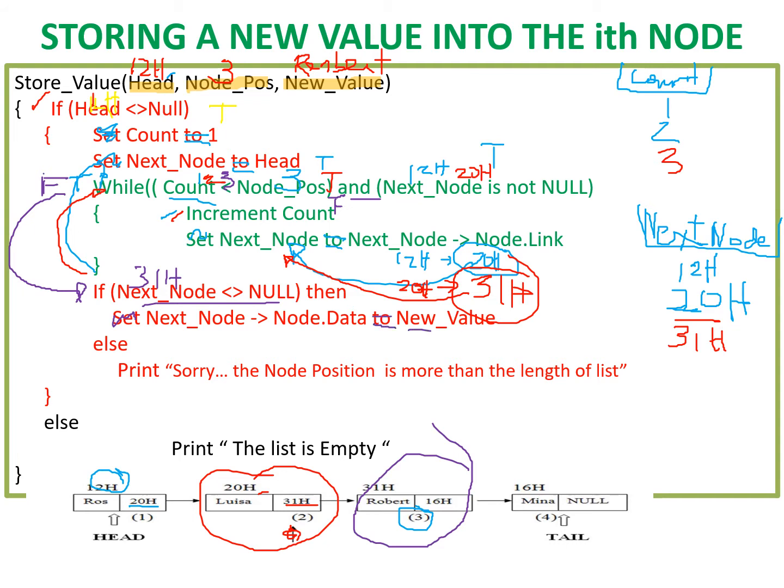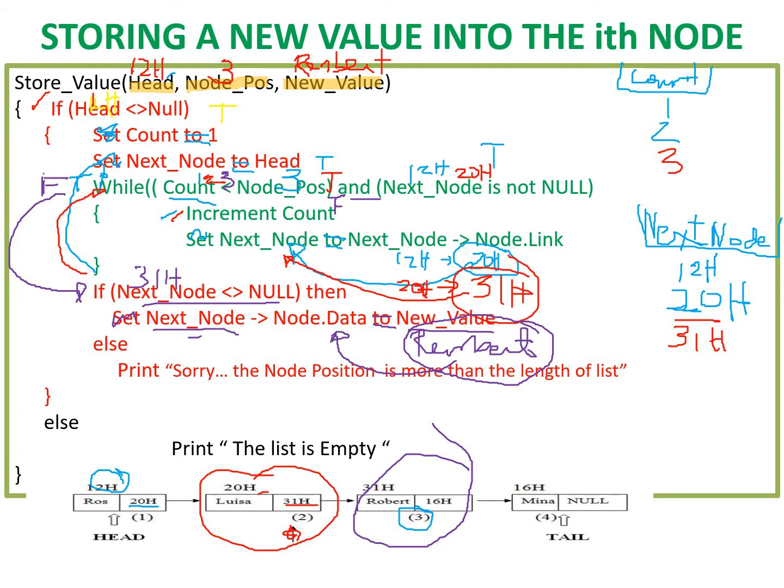Okay, so first we're going to assign the value, or change the value on the right side of the equal sign. So new value is Renbert. Renbert will now be assigned to node.data of next node.